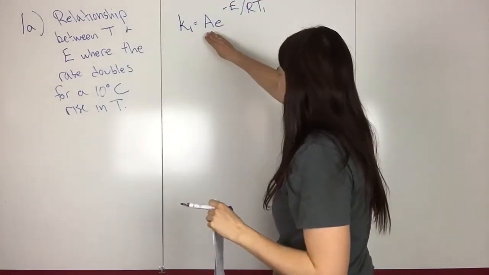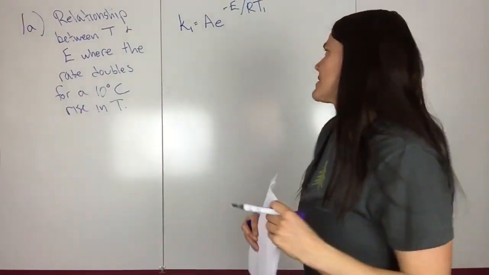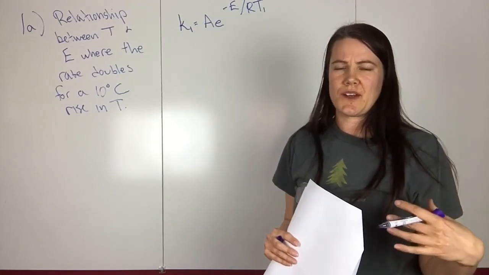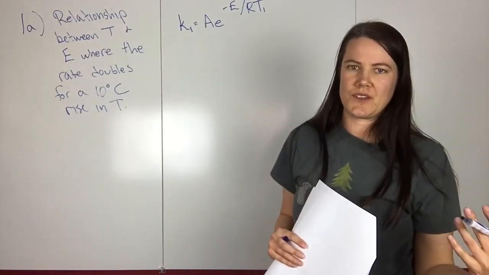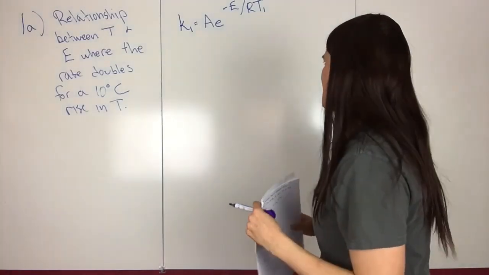This equation is normally used because the rate constants, which is this, are highly dependent on temperature. They can depend on a few other things also, but they're normally pretty dependent on temperature.